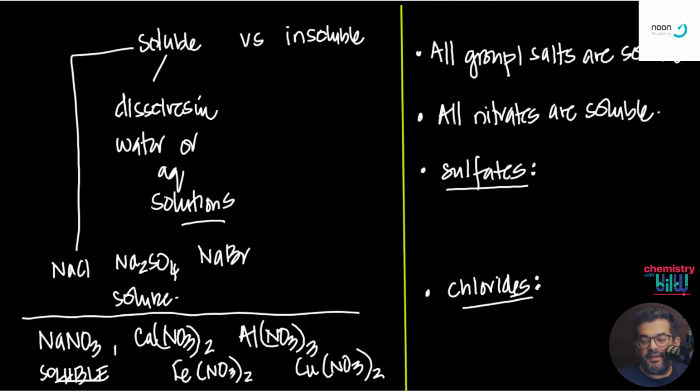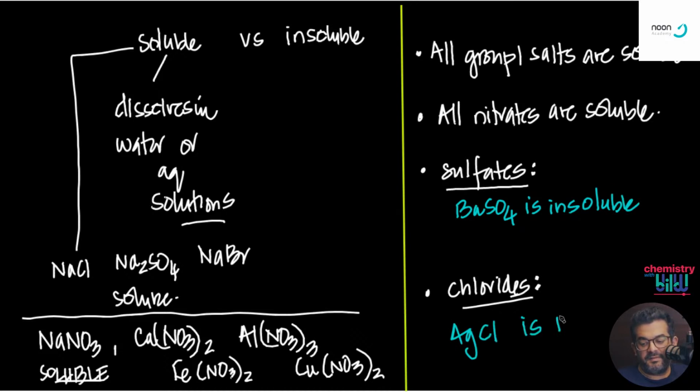so I will in this case give you the insoluble ones. Barium sulfate is insoluble. It does not dissolve. While silver chloride is insoluble.